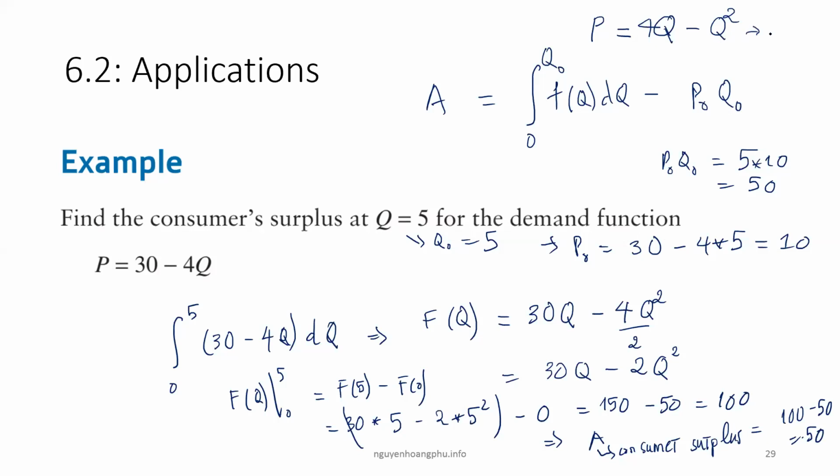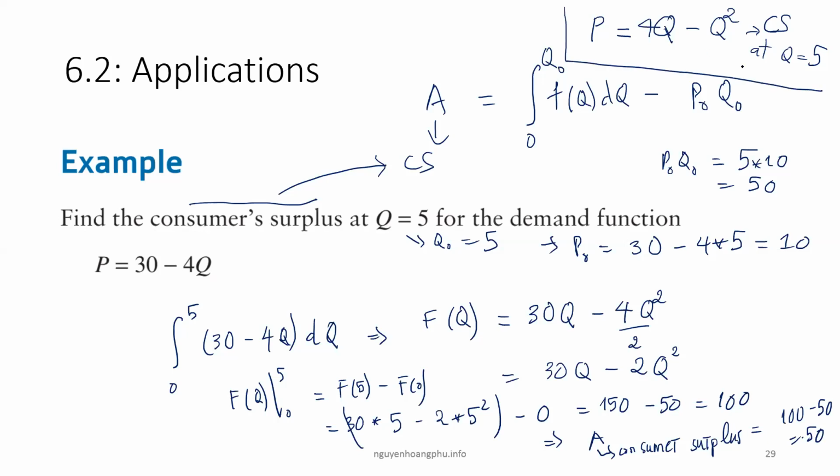Find the consumer surplus, denoted CS, at Q equal to 5. Maybe you can do it at home, or maybe you can spend 5 minutes to do it.